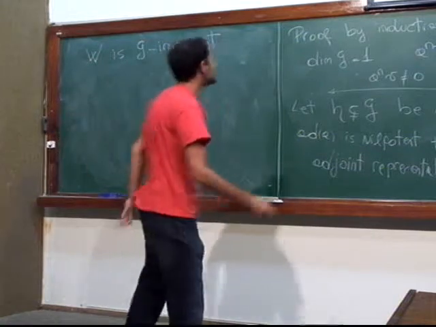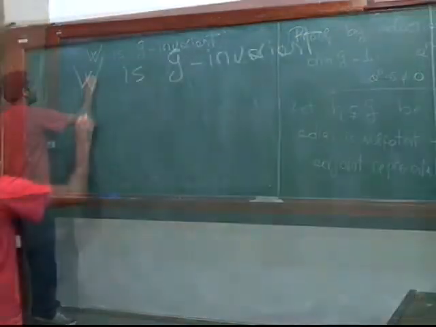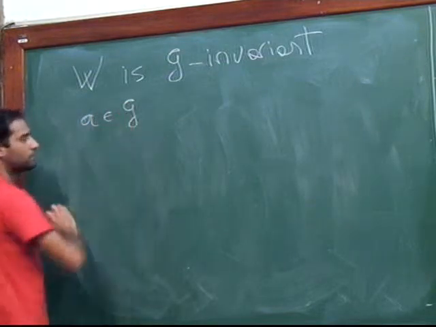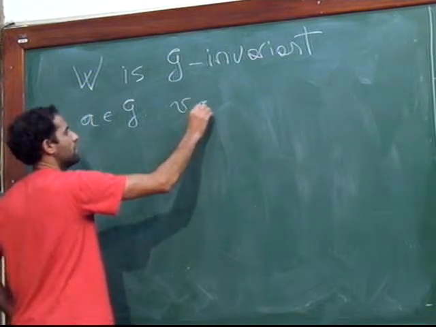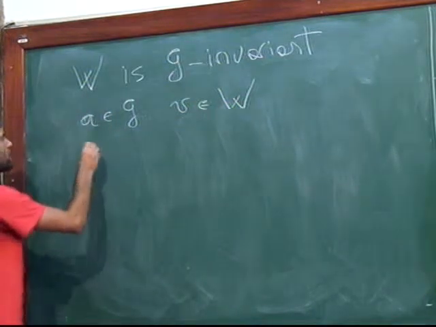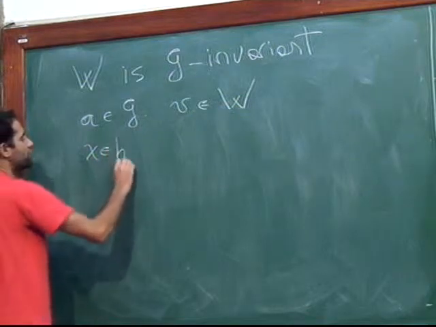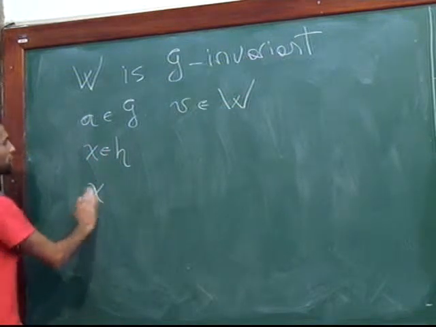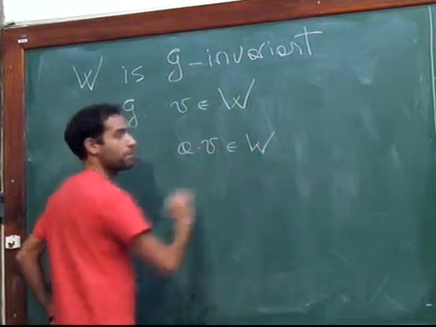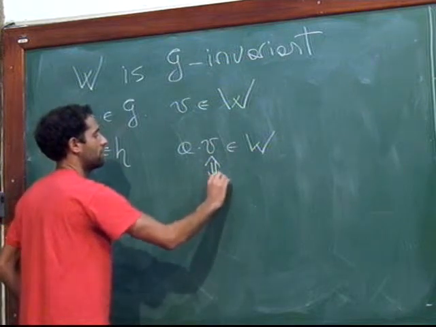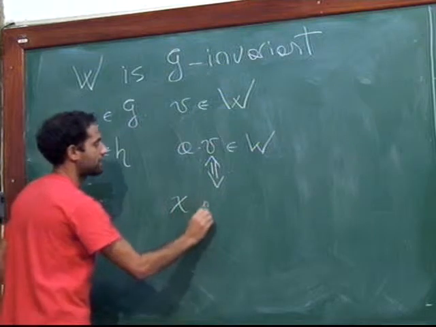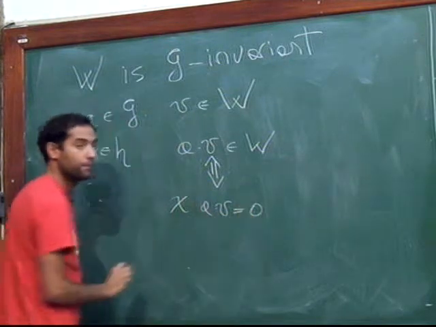What does that mean? It means that if you give me any element, say A in G, and any V in W, then, let's say, X in H, I want to claim that A times V is again in W. But this is if and only if, well, being in W means that for any X, X times A times V has to be 0.